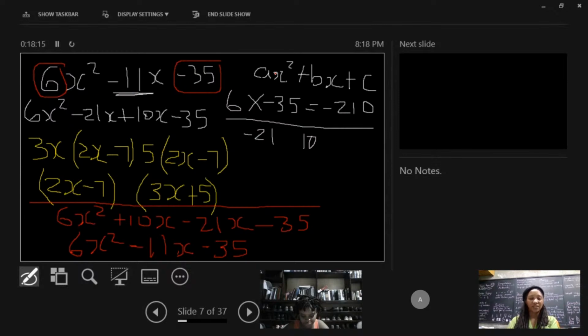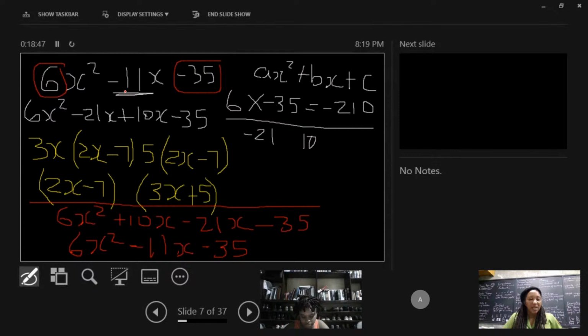And remember, we had to first make sure that the expression was in the form ax squared plus bx plus c, which is the general form of the quadratic, where we have the x squared term first, then the x term if there is one, then the constant term if there is one. So I realized that negative 21 times 10 gives negative 210, and negative 21 plus 10 gives negative 11.